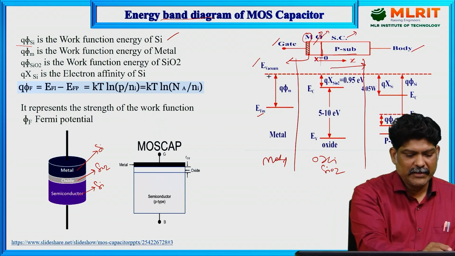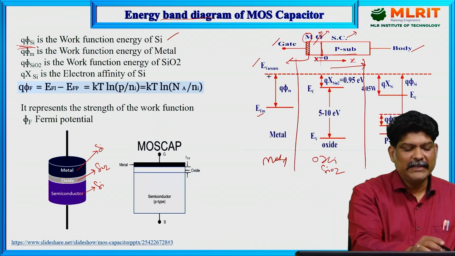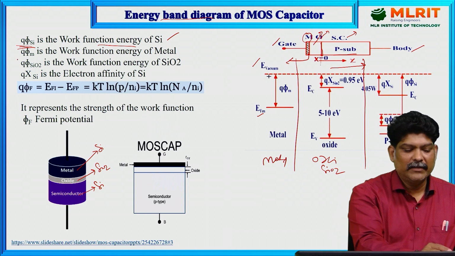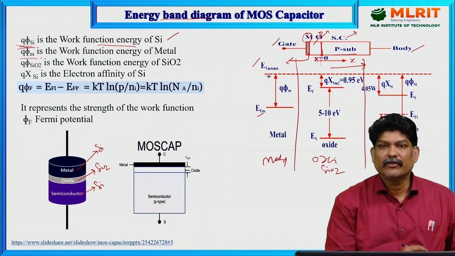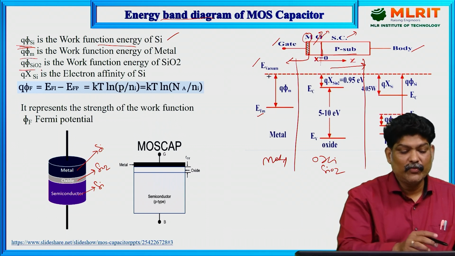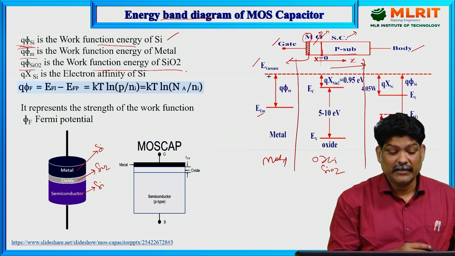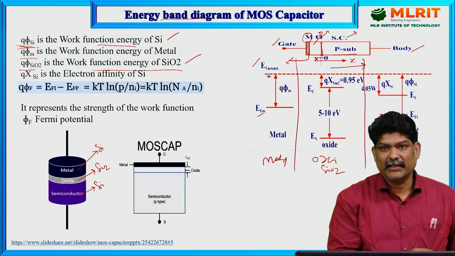So here this is Qφ_Si, the work function energy, and φm is the work function energy of the metal, and then Qφ_SiO2 is the work function energy of the silicon dioxide layer.